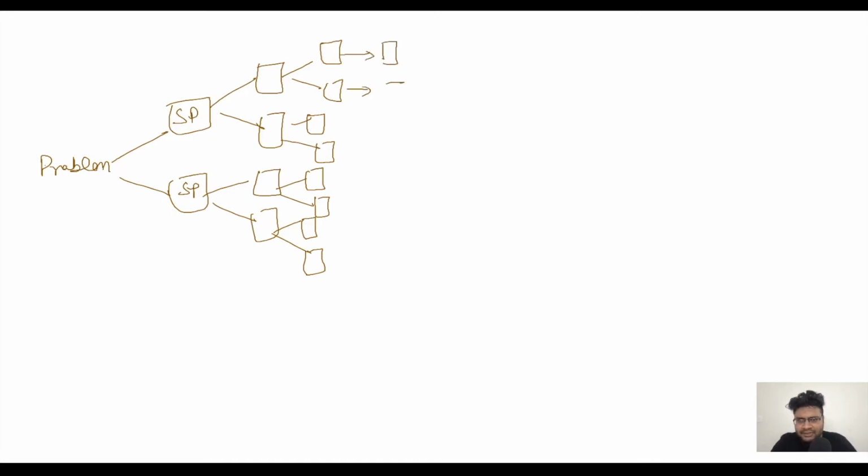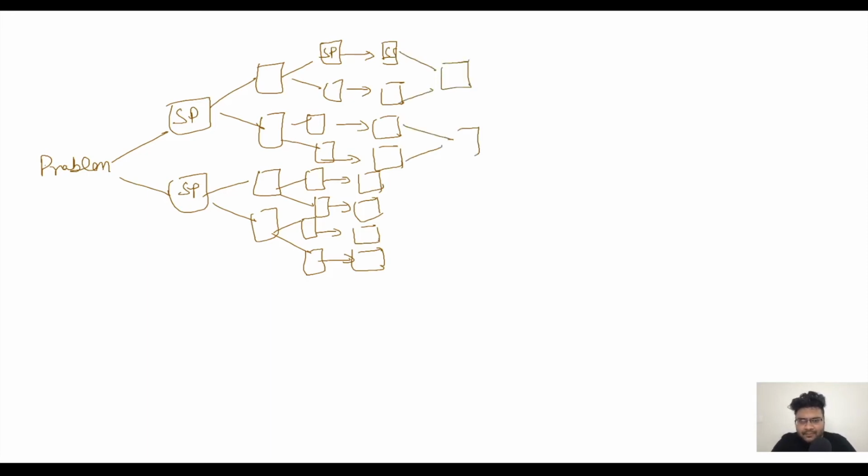Somehow we are able to reach a solution. At this stage, let us suppose this was a sub problem only and this is basically my sub solution. So at this stage we'll start merging these solutions. We keep on merging them until we reach a common solution.